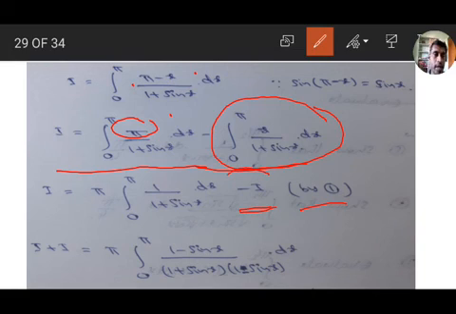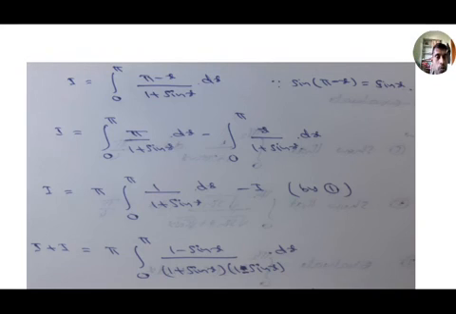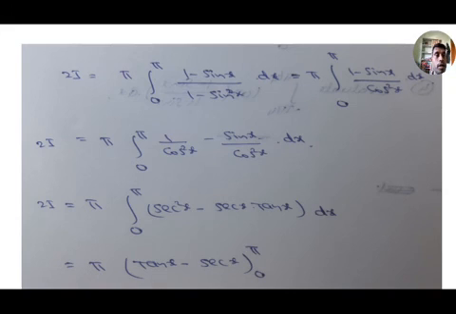So I plus I on the left side, equals pi into integration, where I rationalize: since 1 plus sine x is there, I multiply and divide by 1 minus sine x. So pi into integration 0 to pi of 1 minus sine x by 1 plus sine x into 1 minus sine x dx. Here a plus b into a minus b is a square minus b square, that is 1 minus sine square x, and I plus I is 2I.